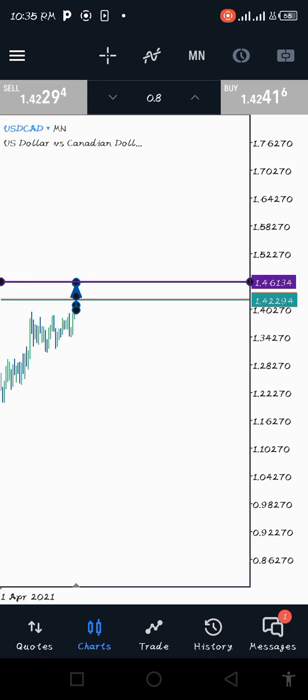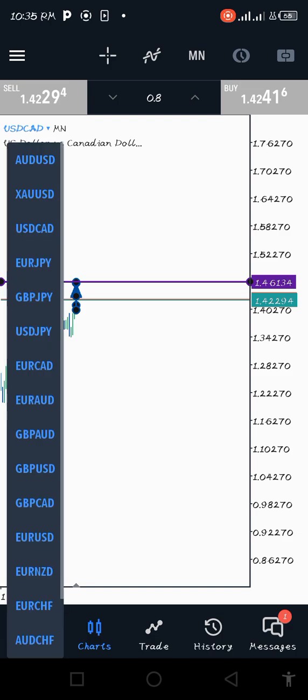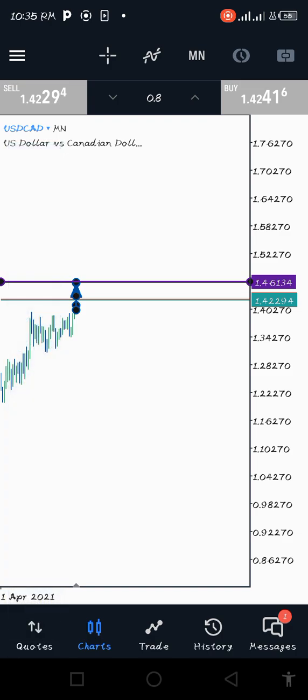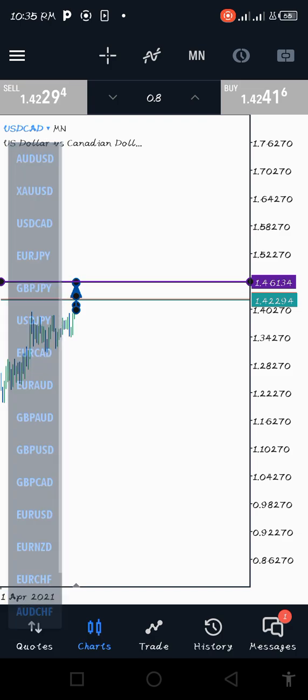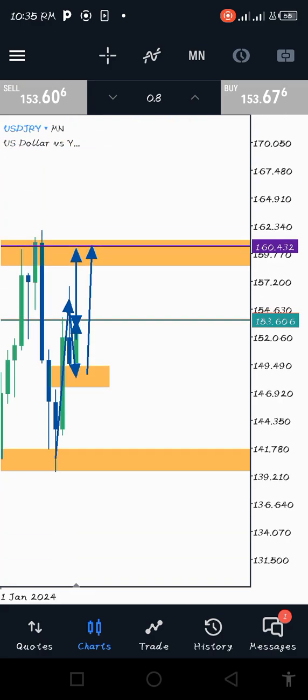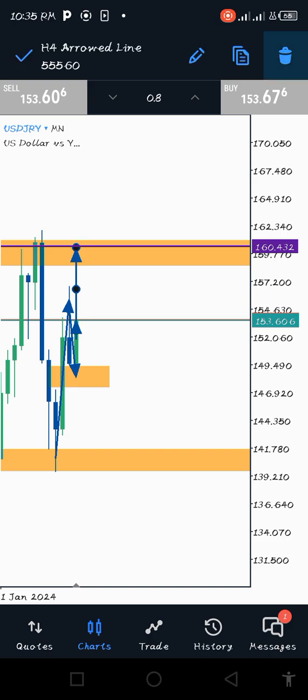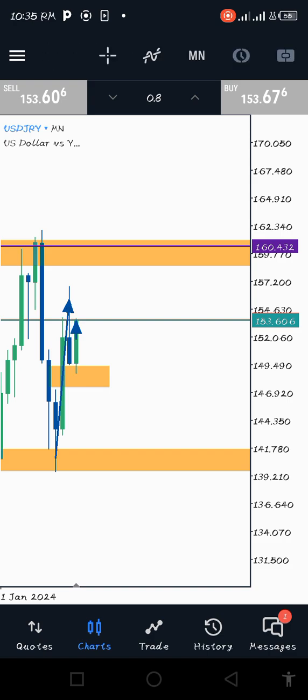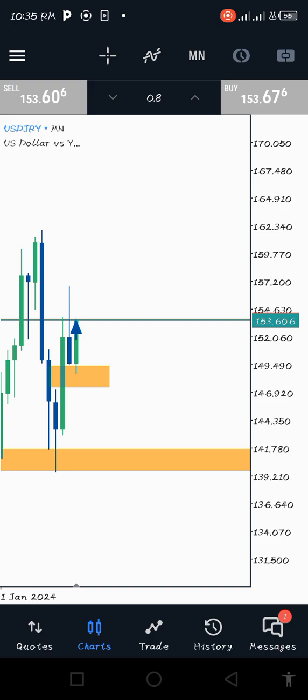We move back to the monthly time frame and move to the next pair, which could be USD JPY. So I'm deleting everything on the monthly time frame on USD JPY, so that I can explain things basically.